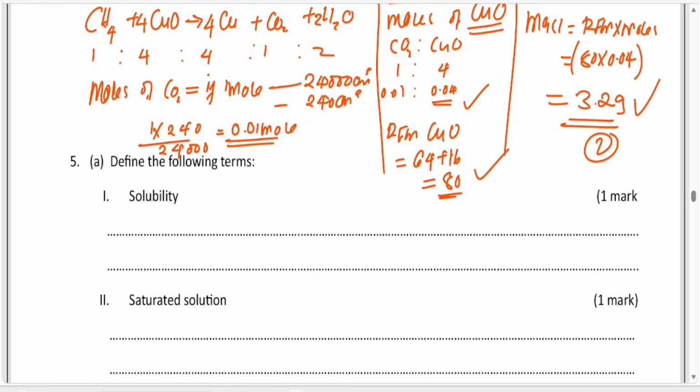Next question, number 5. Define the following terms. Solubility. What is solubility?